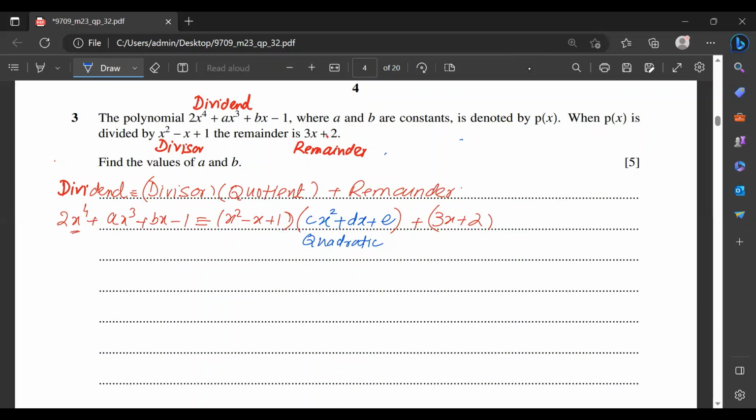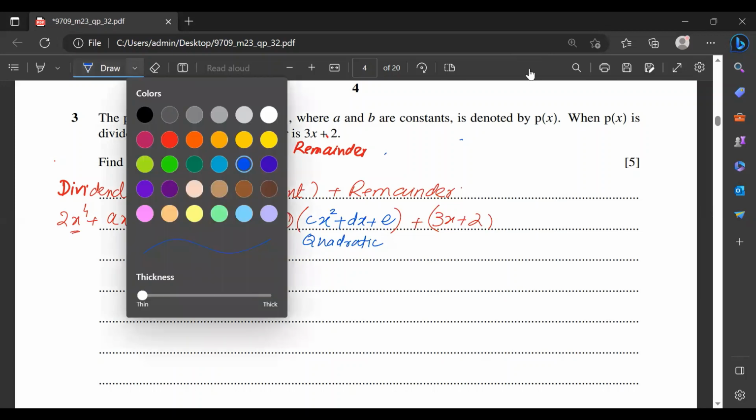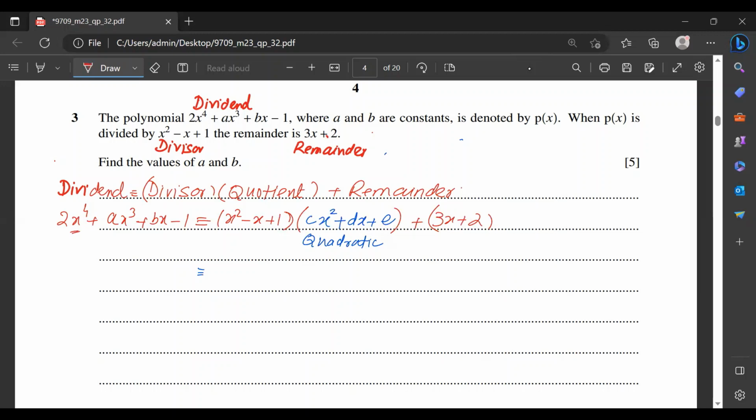On the right hand side, I can multiply the brackets. You can do it directly, or you can show all the steps. x^2 is multiplied by cx^2 + dx + e, then minus x is multiplied by cx^2 + dx + e, and plus 1 is multiplied by cx^2 + dx + e, and 3x + 2, which was the remainder.